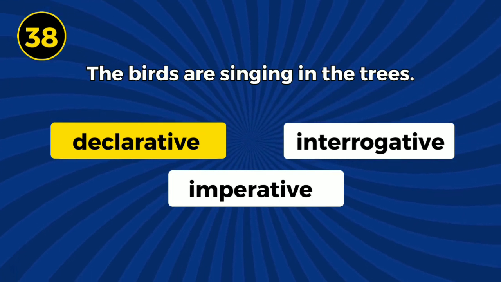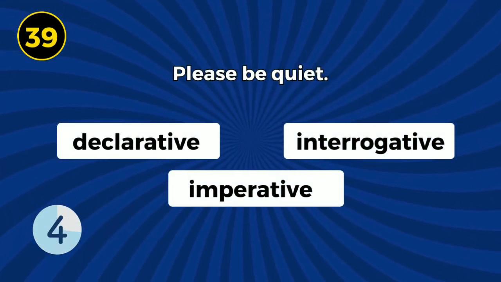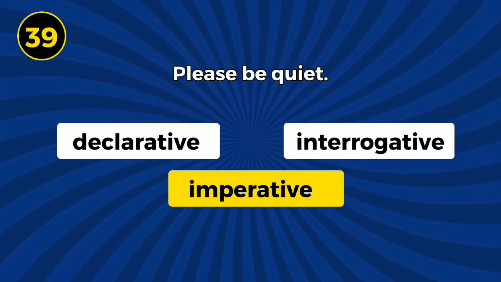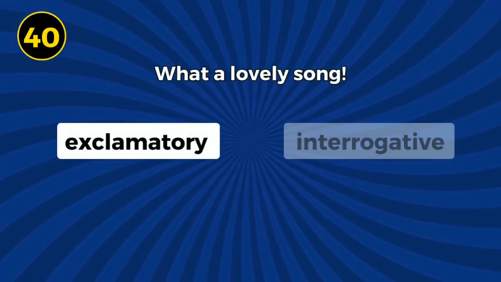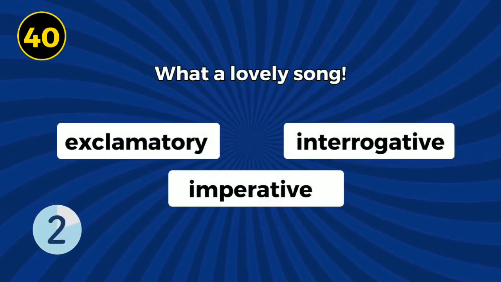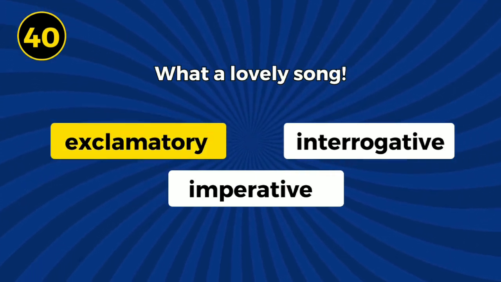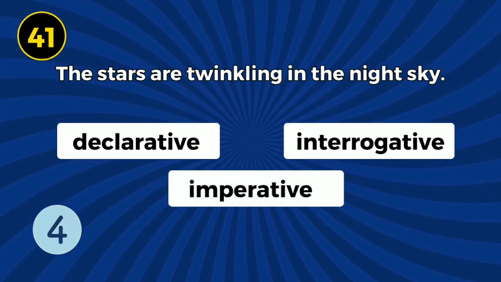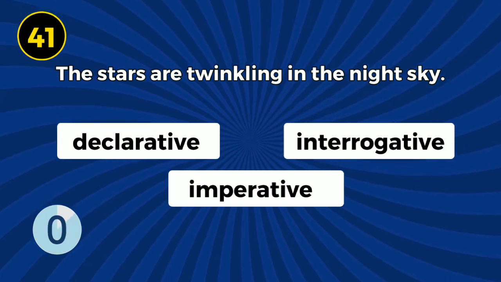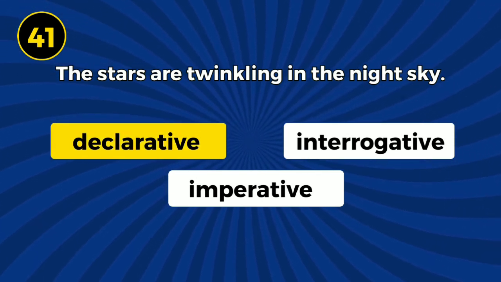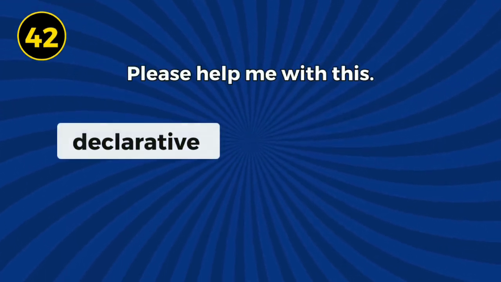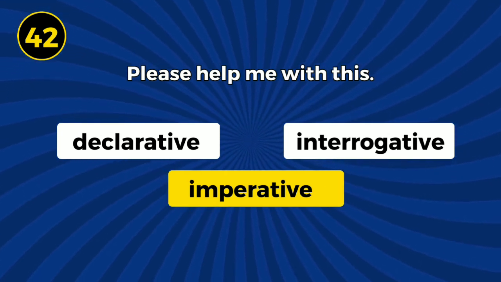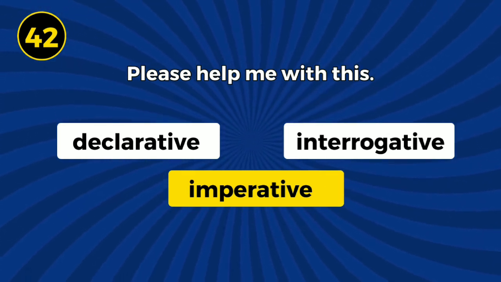It is a declarative sentence. Please be quiet. It is an imperative sentence. What a lovely song. It is an exclamatory sentence. The stars are twinkling in the night sky. It is a declarative sentence. Please help me with this. It is an imperative sentence.